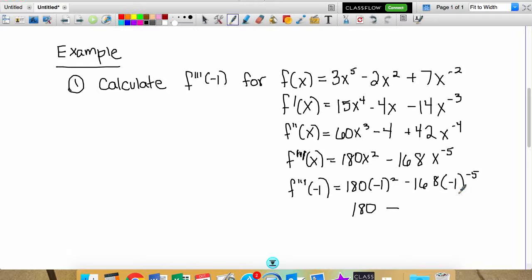Negative 1 to the fifth power is going to be -1, and the negative exponent just flips it to the denominator, so 1 over -1 is still -1 times the -168 that we already have gives us a positive 168. Adding these values together, we get 348. And this is our final answer.